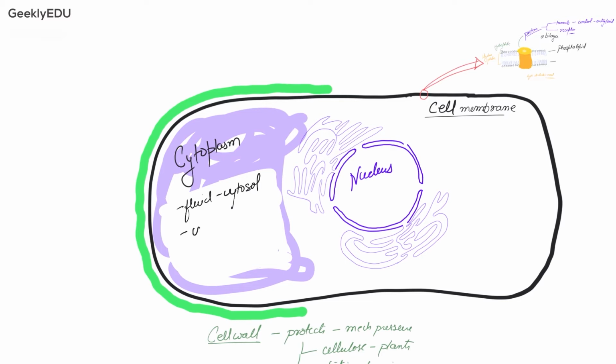It can also have cell inclusions, small granules of starch or protein or other stuff inside the cytosol, and it also has membranous organelles. Organelles are like chambers. Each chamber carries out its own function. We'll talk about some of the organelles later in detail.